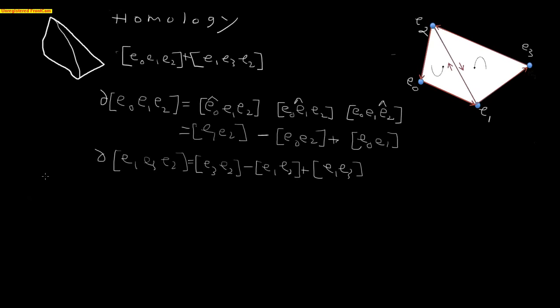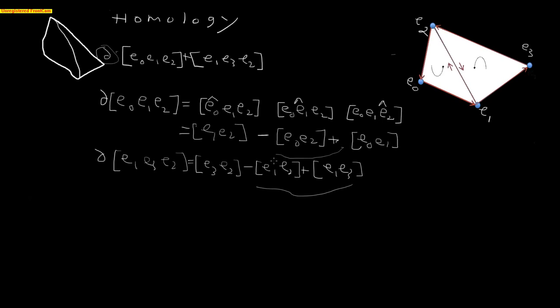Well, what about the boundary of the whole thing? The boundary of the whole thing is the sum of these two boundaries. If you put a delta here, the delta of the sum is going to be the sum of these deltas, and so it would be the sum of this plus that.